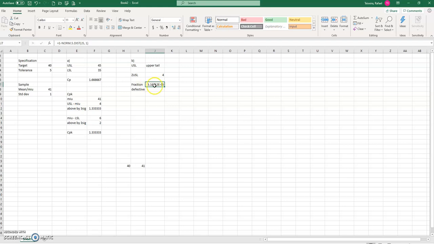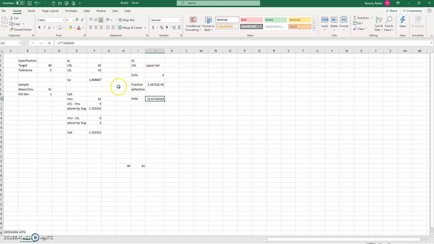You see that you have a weird number with the letter E. This is a scientific number because it has too many zeros. So parts per million, ppm. How to obtain the parts per million? You get this fraction and you multiply by 1 million. So you have 31 parts defective per million.